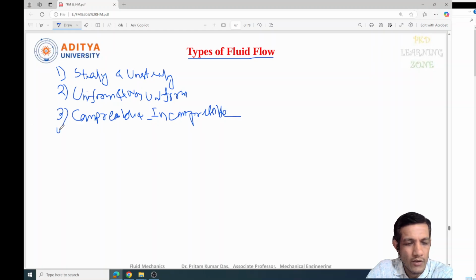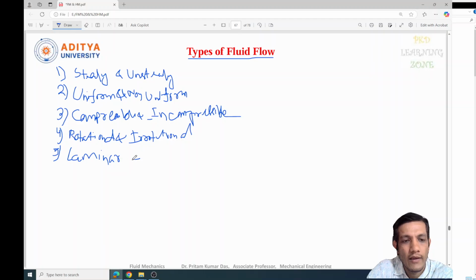Next, fourth one is rotational and irrotational flow. And next, fifth one is laminar flow and turbulent flow.